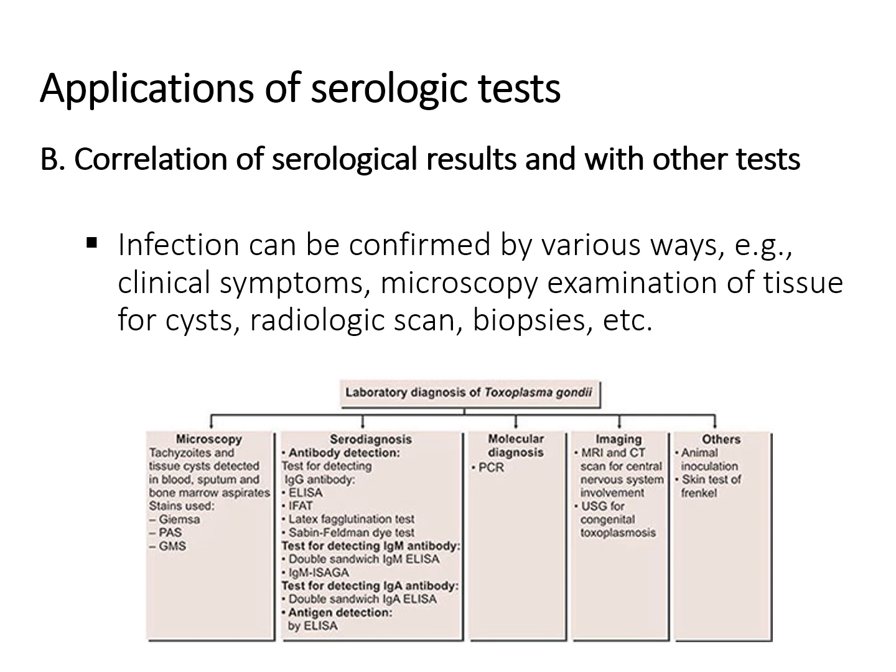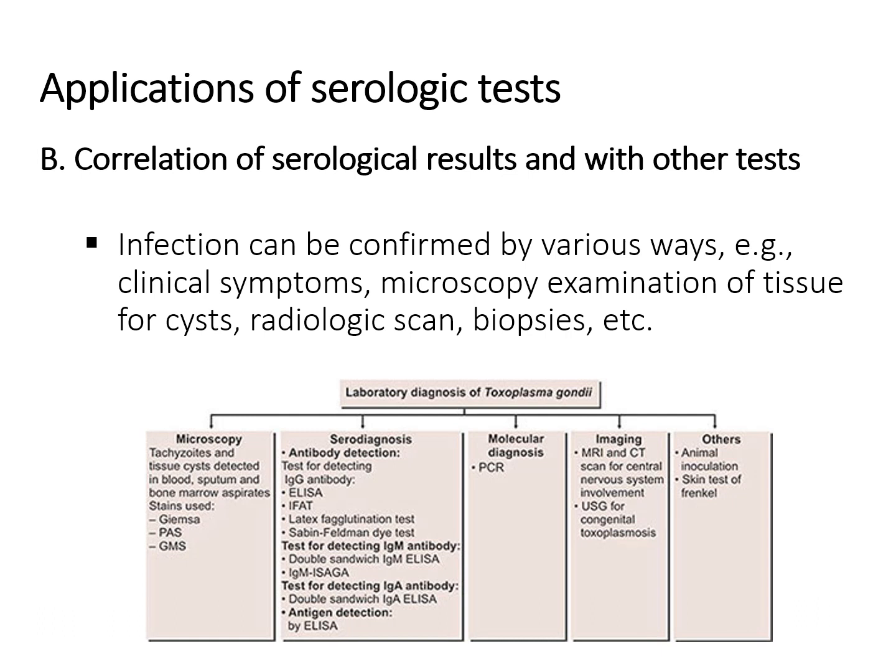Infection can be confirmed in many other ways, for example looking at the clinical symptoms, checking under microscope examination, or doing radiology scanning, biopsy, or even PCR, to complement the result of serological tests.